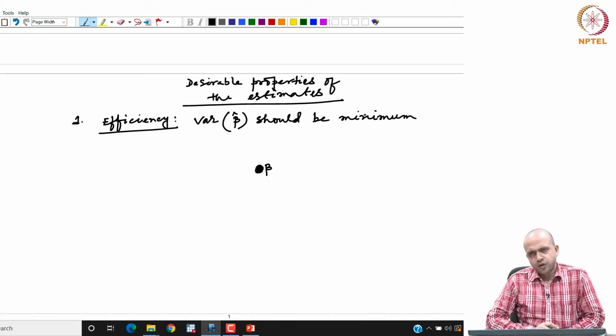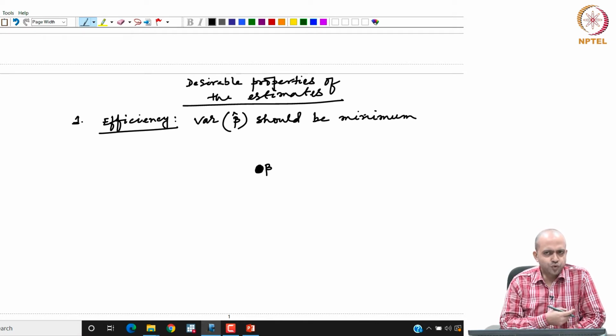Sometimes we play a game, let us say this is a point we are targeting with a gun. So, we have to hit this point, and if you make 100 shots, then in all your 100 shots what will happen? Sometimes you will hit exactly here at beta, sometimes you will hit here, you will hit there like this.